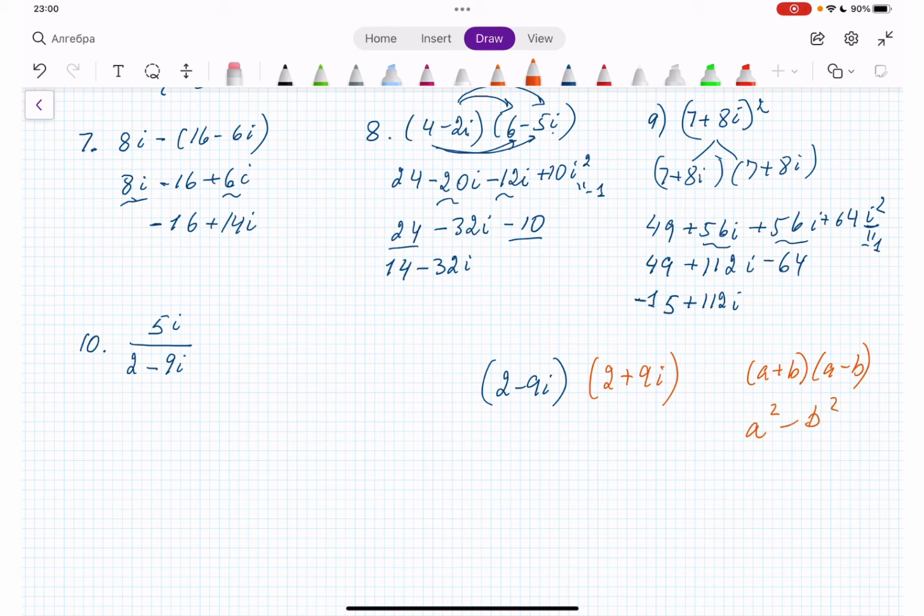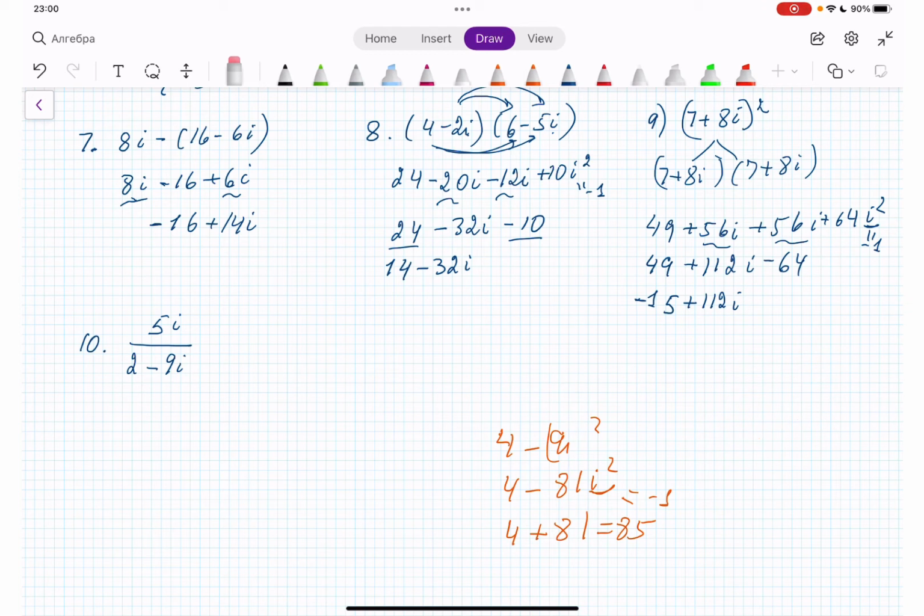If that's the case, then 2 squared is 4, and then minus 9i squared, which means 4 minus 81 i squared. Since i squared is negative 1, it will be 4 plus 81, because the negative will become positive 81, and the answer will be 85. Yes?